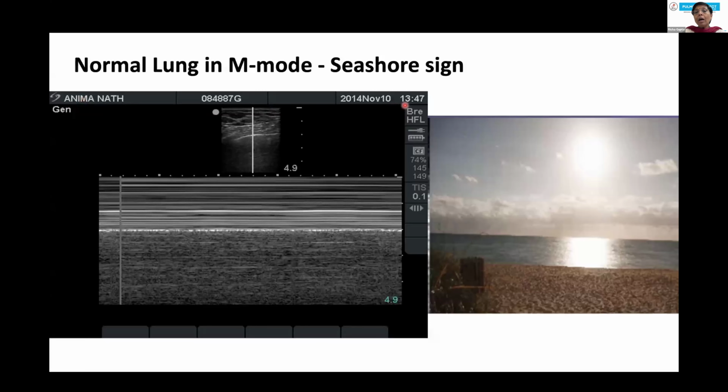The normal lung in M mode is called the seashore sign. You have these parallel white lines, which correspond to the water, and then you have this speckled artifact, which looks like a shore. So this is what the normal lung in M mode looks like.